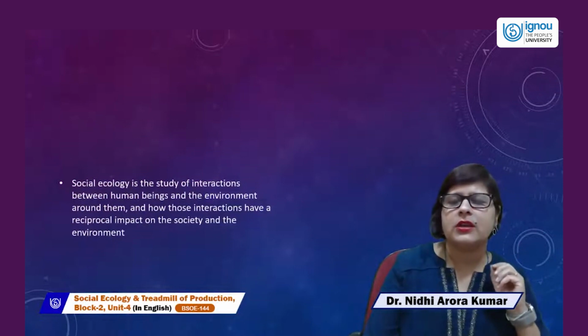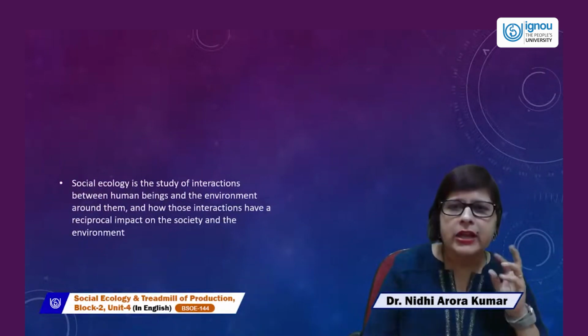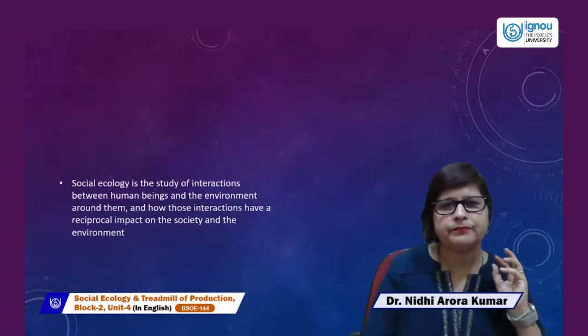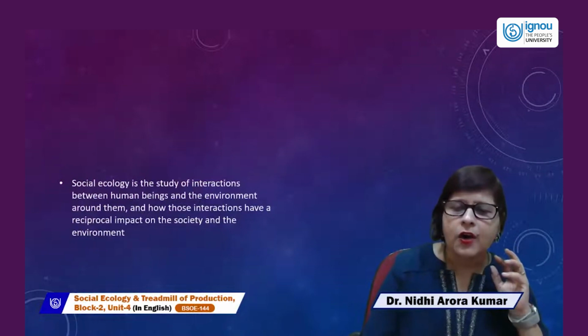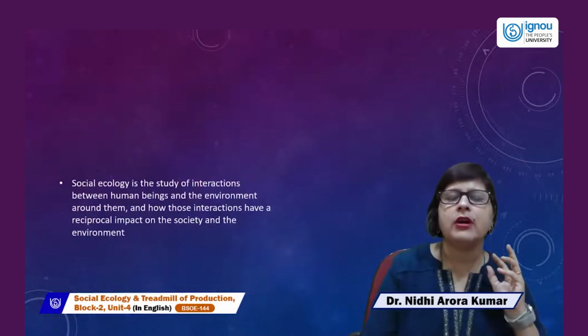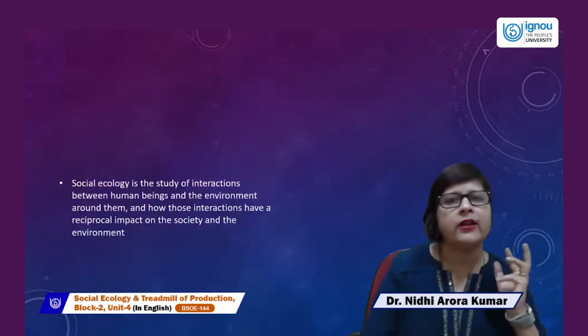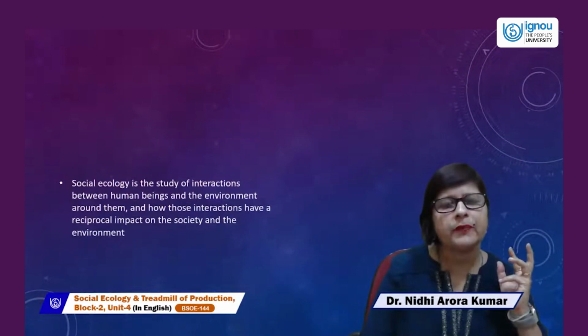Social ecology is the study of interaction between human beings and the environment around them, and how these interactions have a reciprocal impact on the society and on the environment.